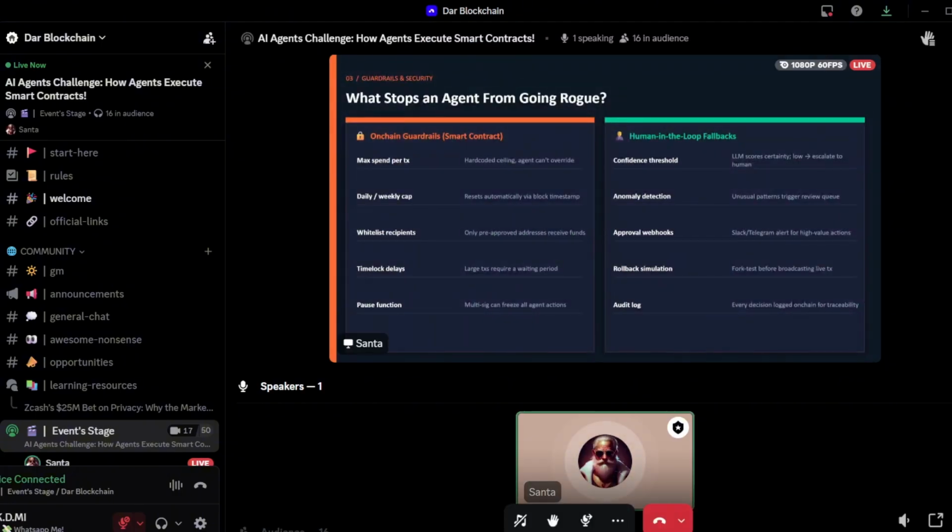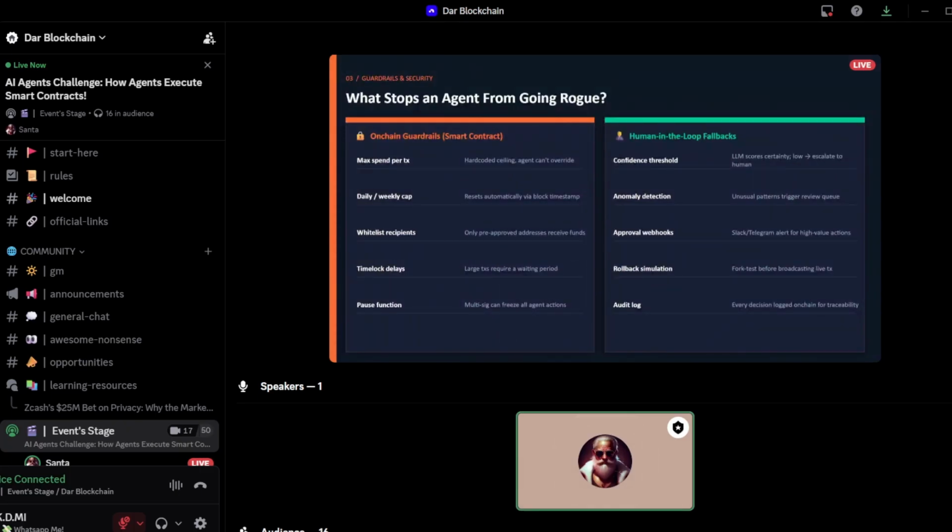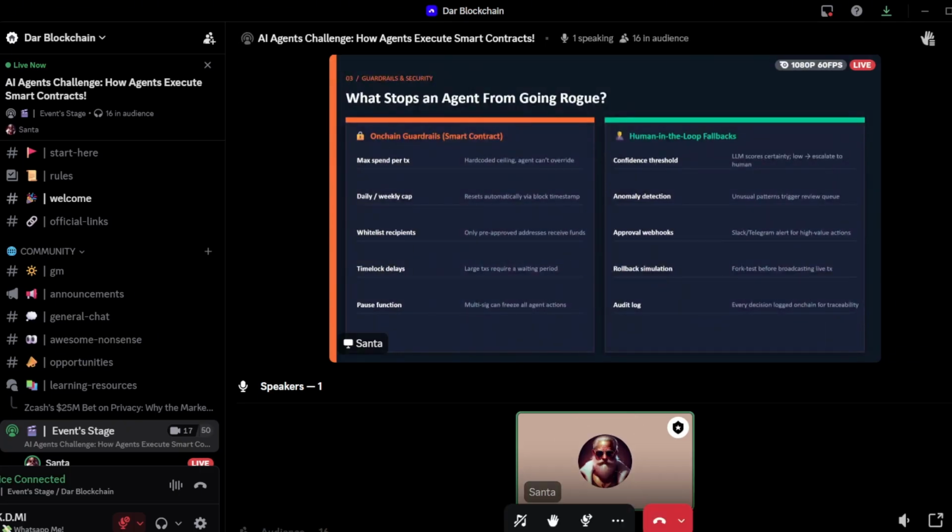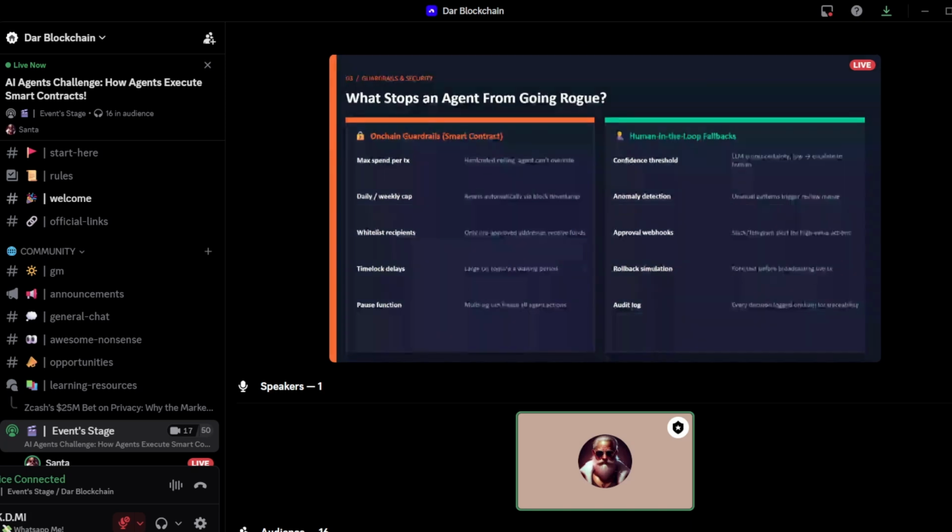Yes. So we have maximum spend per transaction, which is a hard-coded ceiling. If the LLM encodes a transfer of 1000 ETH and the limit is 5, the transaction needs to revert. Then daily or weekly caps.